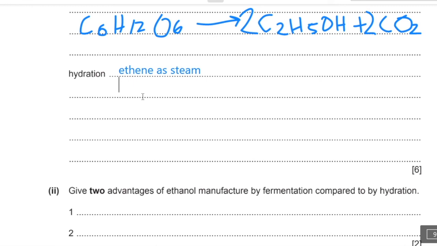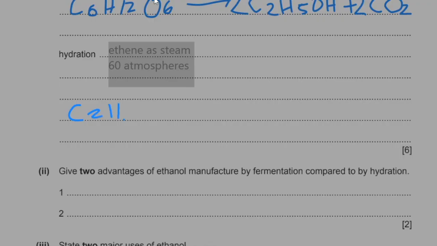You don't need to write all of the details. So I'll write the pressure, which is 60 atmospheres. You can write the temperature, which is 300 degrees Celsius. And then finally the equation. So you have ethene and steam, C2H4 plus H2O, which would give C2H5OH.